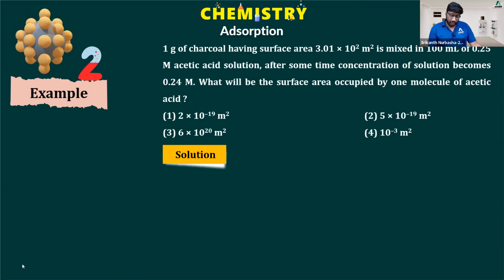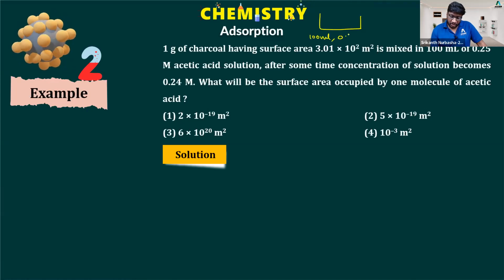So what they are trying to say: 1 gram of charcoal having the given surface area is mixed in 100 ml of 0.25 molar acetic acid. So there was a solution of 100 ml, concentration 0.25 molar.